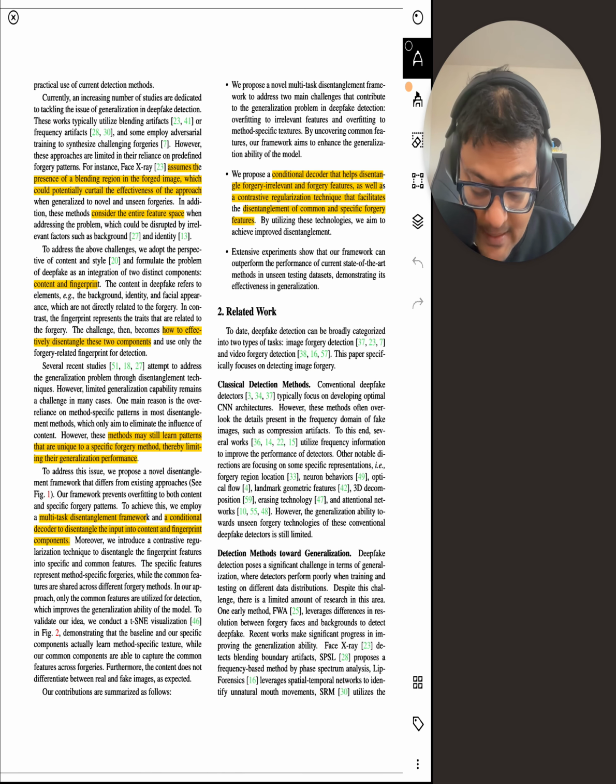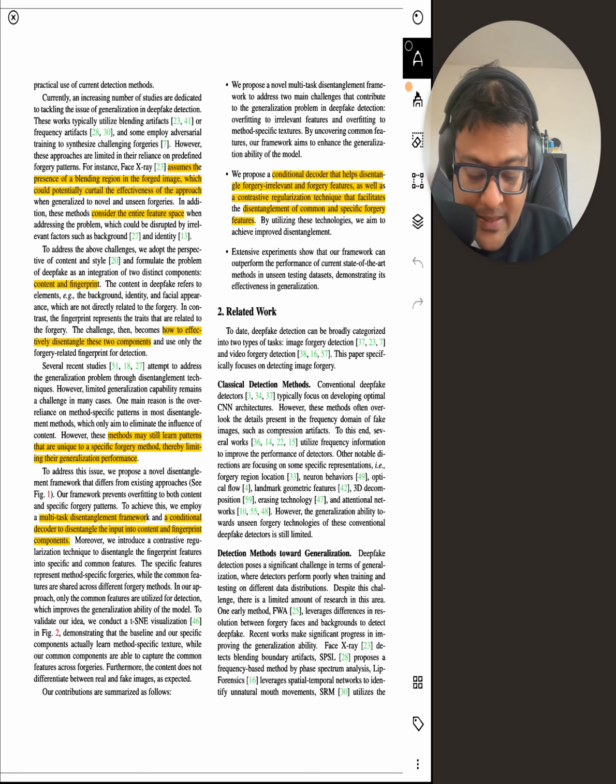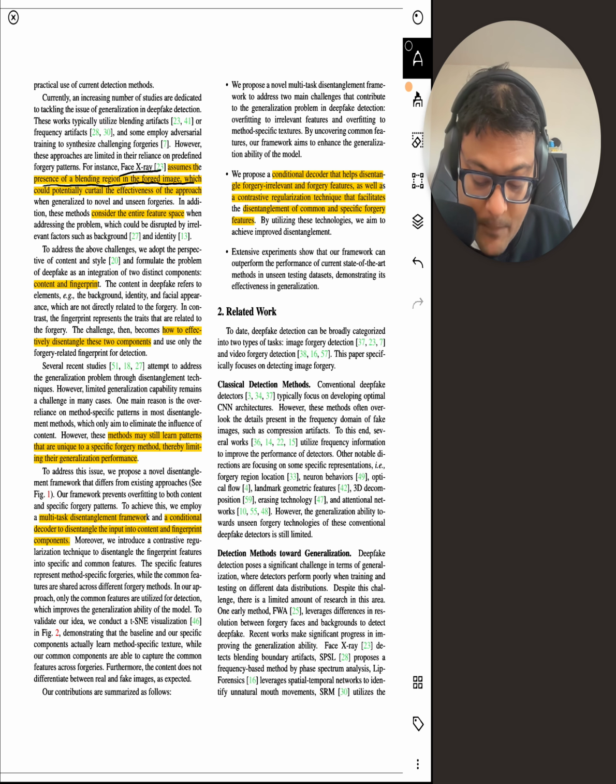They say that there are existing methods like Face X-ray, which assume the presence of a blending region in the forged image, which could potentially curtail the effectiveness of the approach.